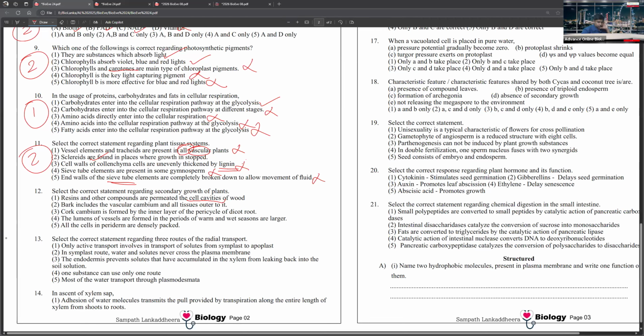They are asking for the correct one only. I think it's the cell wall of wood. Cell wall. Next one.